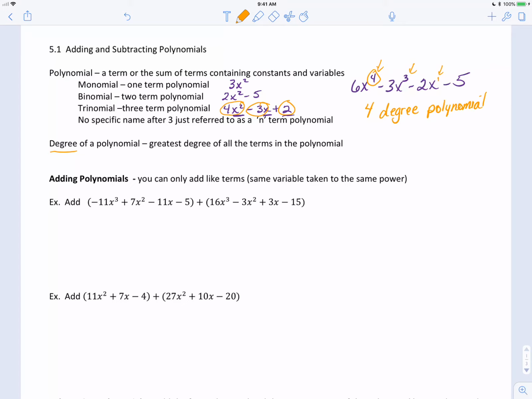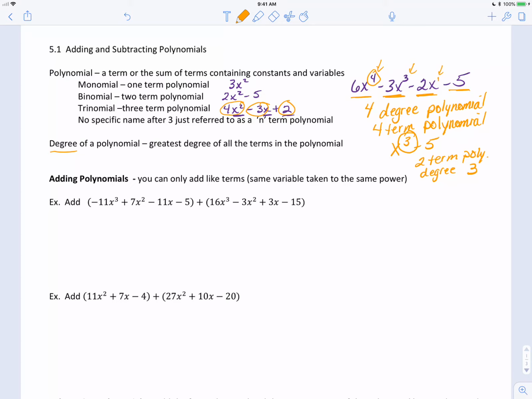And then we would also say this is a 4-term polynomial just because it's got 1 term, 2 terms, 3 terms, 4 terms. And so if you had something like x cubed minus 5, that would be a 2-term polynomial, but it would have a degree of 3 because of the exponent 3 there.